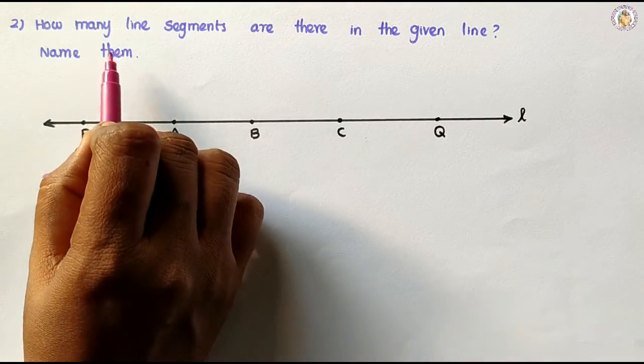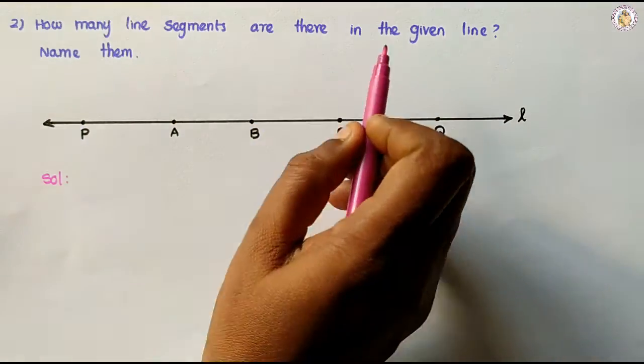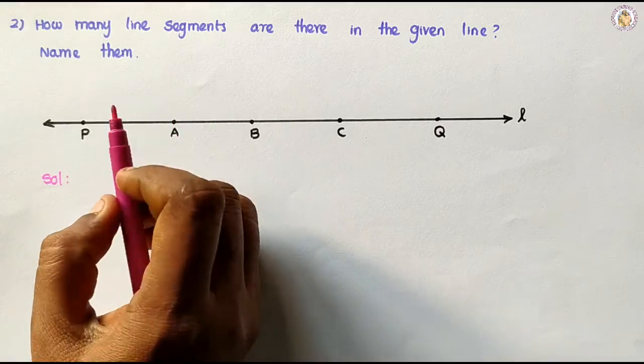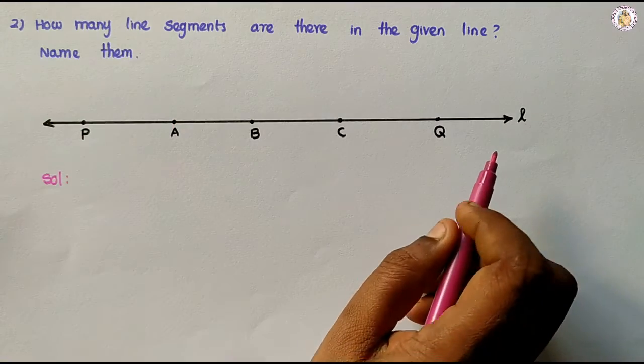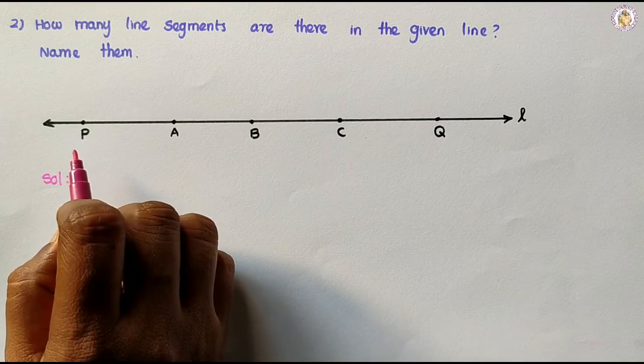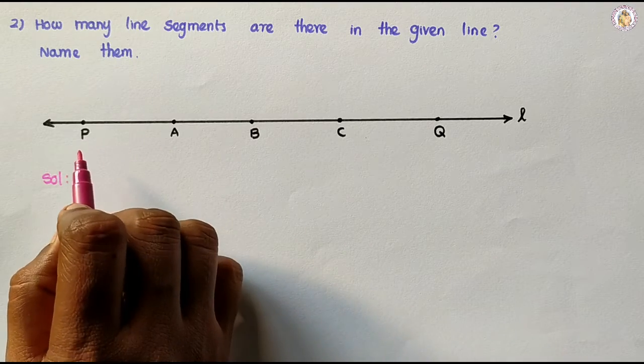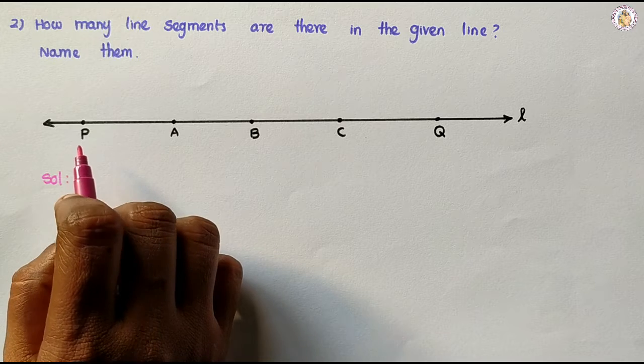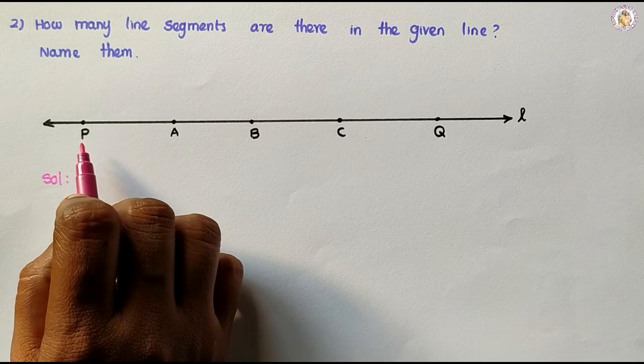Second question, how many line segments are there in the given line? Name them. Listen, they have given a line. In that, many line segments are there. We have to write down the names of the line segments. Listen, first take P as a starting point.